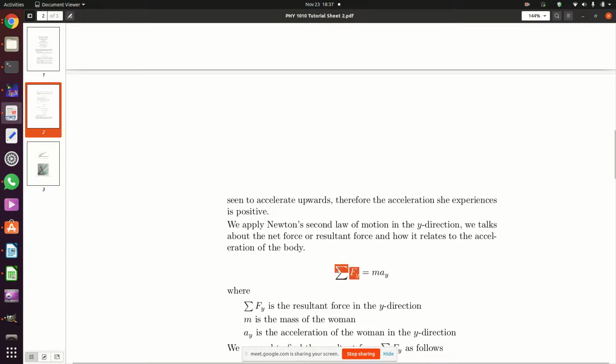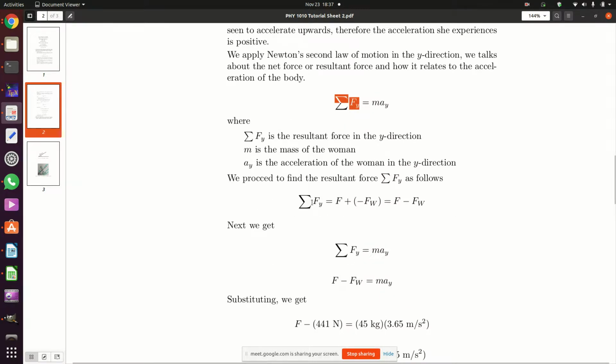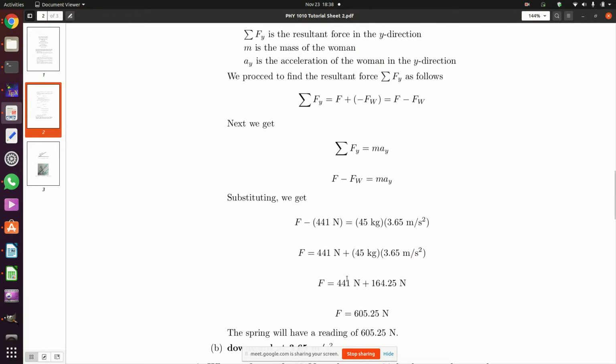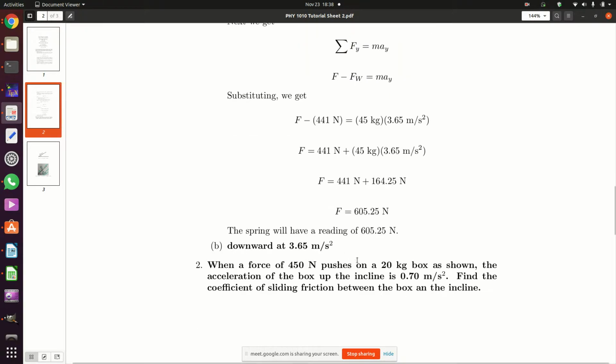You need the resultant force, so you add the forces. It's only the resultant force which is equal to mass times acceleration. Therefore, you proceed to find out how much the resultant force is. Okay. Any questions? No questions?